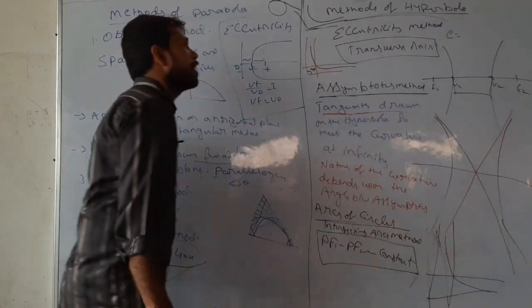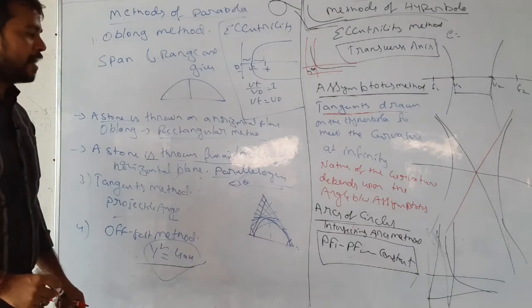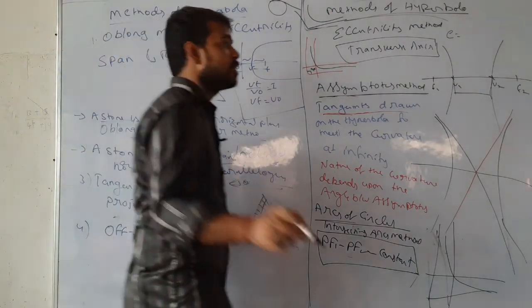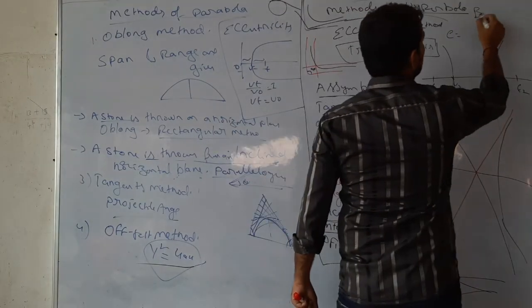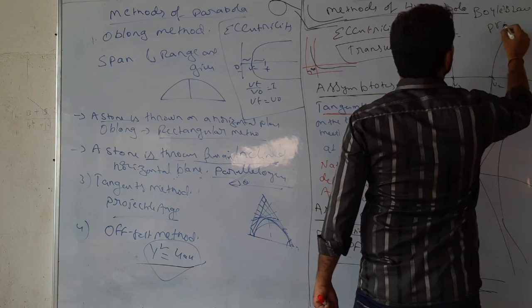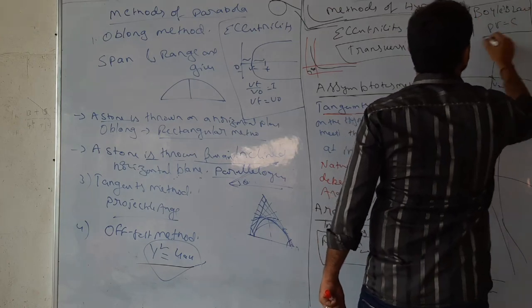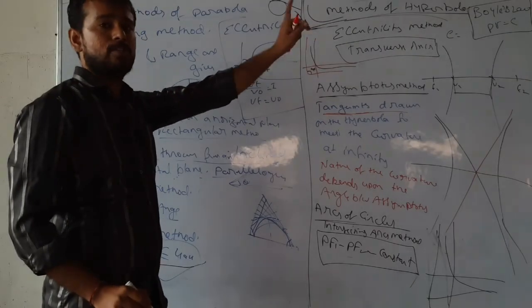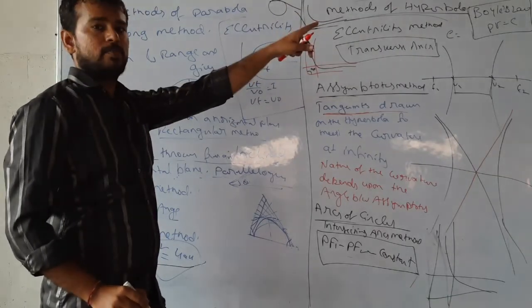Then you have to use the hyperbola by asymptotes method, and especially this hyperbola follows Boyle's law, PV is equal to constant. Only the hyperbola follows the Boyle's law principle. PV is equal to constant.